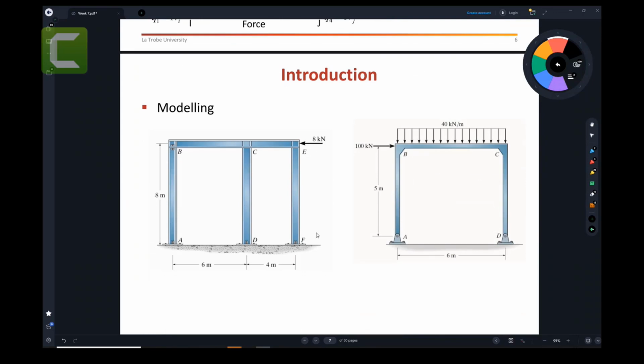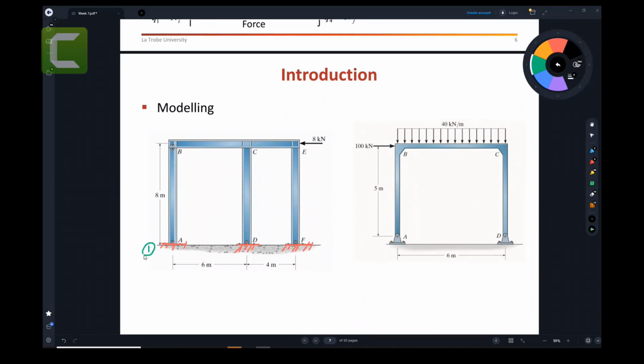So let's do one modeling together. Let's say this is a fixed support. Let's say this is a fixed support. Let's say this one is a fixed support. Now, you with me?